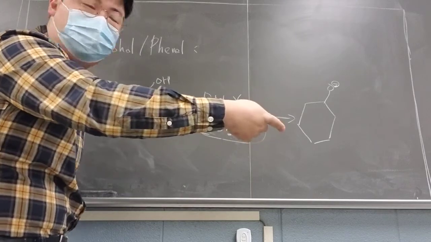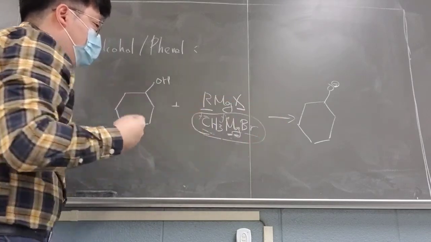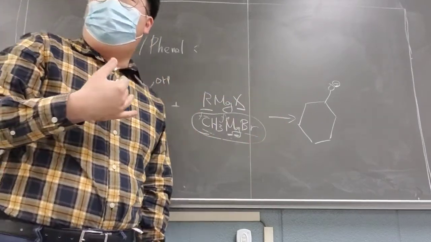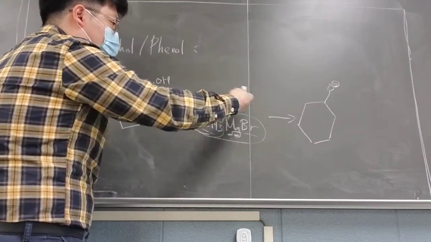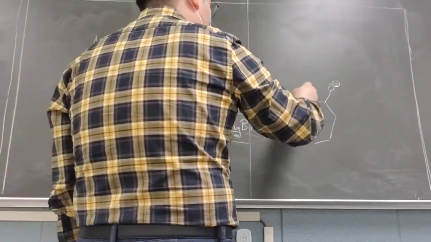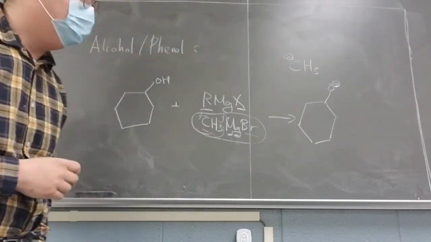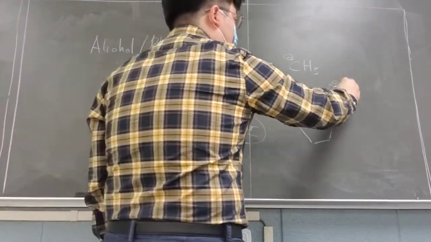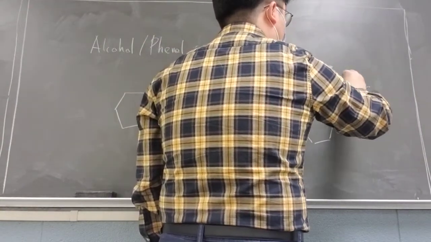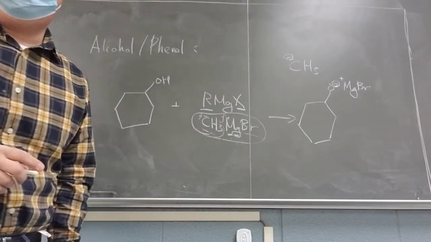That's the characteristic of a metal. This is organic, so relatively speaking it's a bit more negative. So when they break apart, they become like this, and then the magnesium becomes positive because of the metal here.